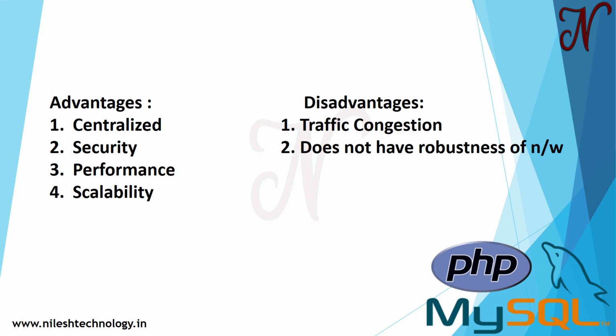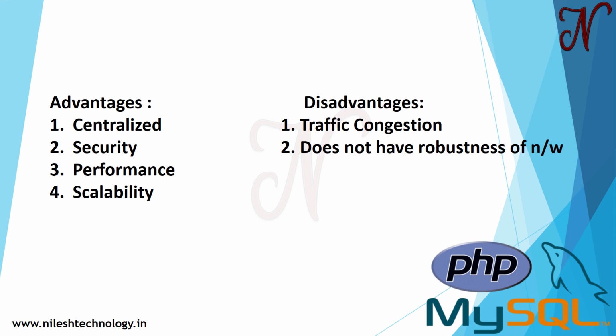The use of a dedicated server increases the speed of sharing resources. This increases the performance of the overall system. Then scalability. We can increase the number of clients and servers separately. That is, a new element can be added, or we can add a new node in a network at any time.